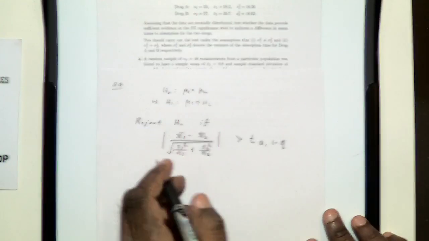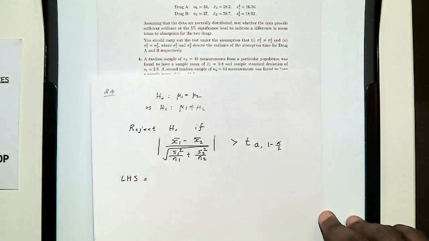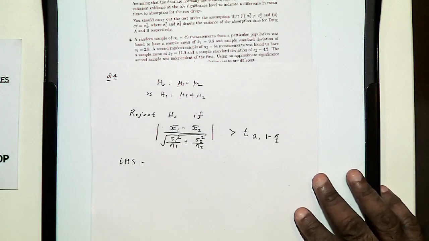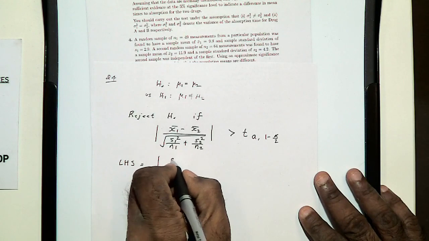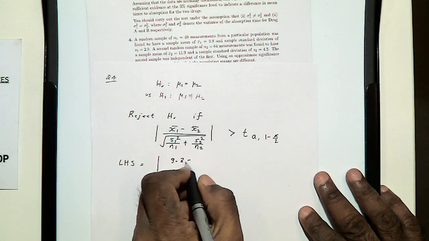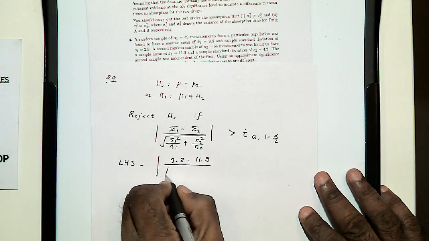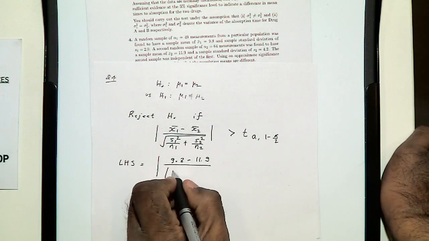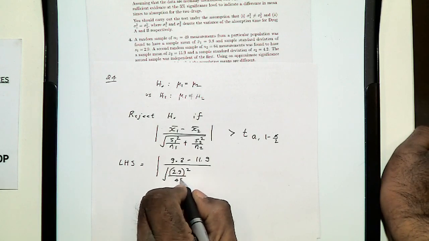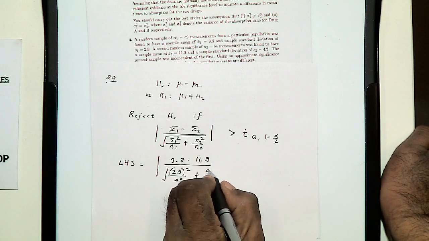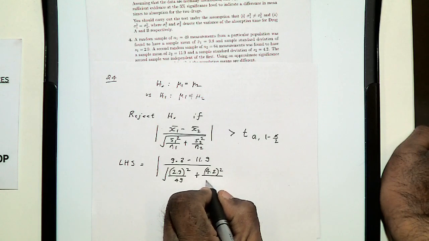Okay, now let's compute the left hand side. x bar 1 is given as 9.8, x bar 2 is given as 11.9, divided by the square root of S1 squared, 2.9 squared, divided by N1, which is 49, plus S2 squared, 4.2 squared, divided by N2, which is 64.